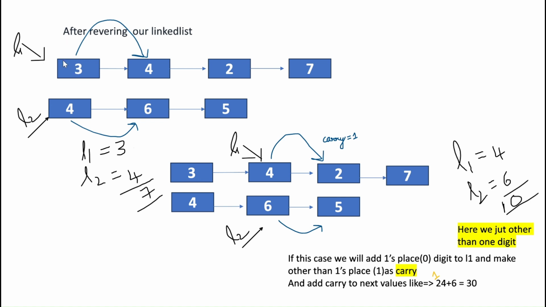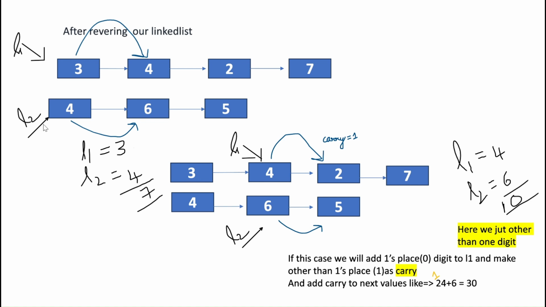Okay, and now we know simple addition operations, right? We simply add list 1 node value and list 2 node value. That will become 7. And we are not going to take another linked list here and keep adding our result. We simply update any one of these, as you wish, it's up to you.